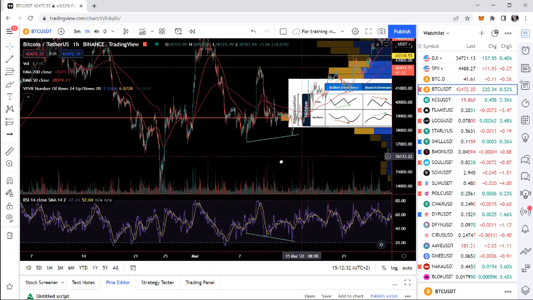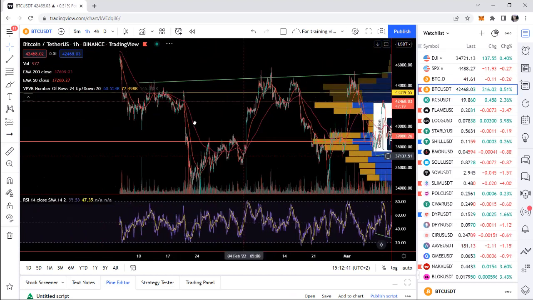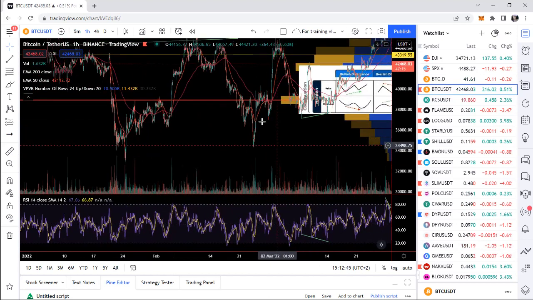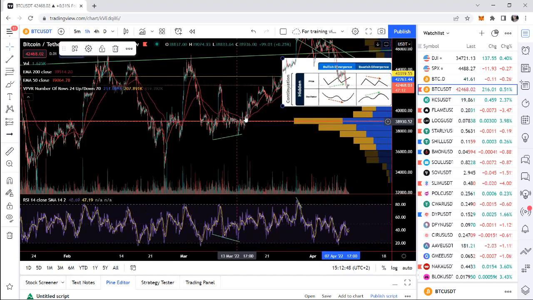So for instance, here we have a downtrend, and now it's starting to make higher lows, right? And over here it's a higher low, and it's starting to go on an uptrend. This means it's going to continue. It's a continuation of the bullish uptrend.